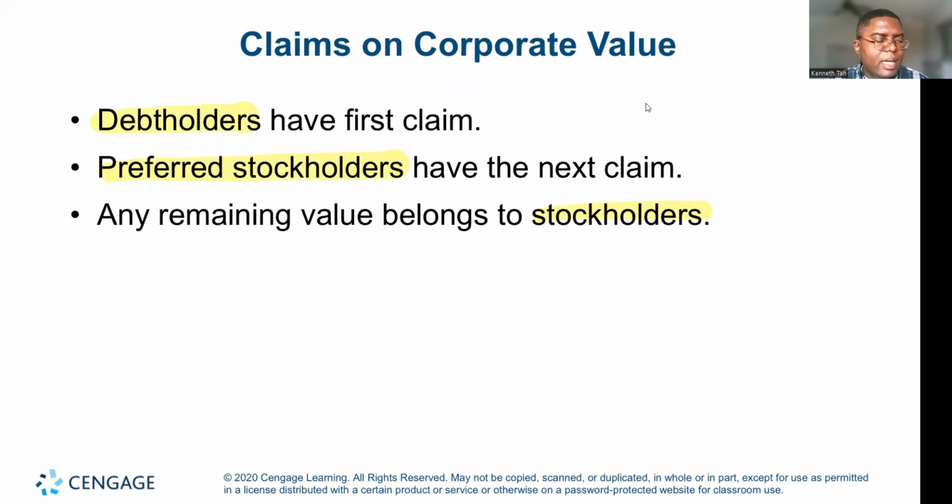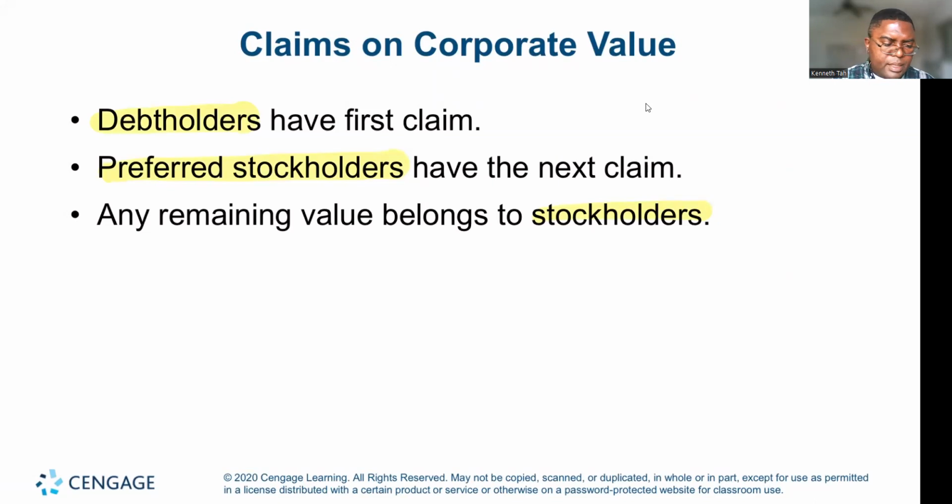They are residual claimants of a corporation, which basically implies that after every other stakeholder connected to the company has been paid or satisfied, whatever value is remaining belongs to common stockholders. They are residual claimants for a corporation.